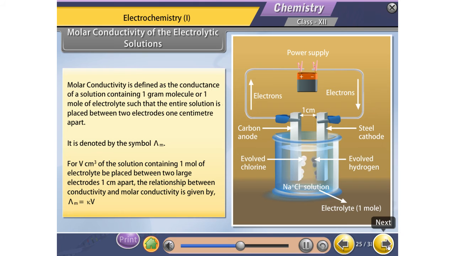Let V centimeter cube of the solution containing 1 mole of electrolyte be placed between two large electrodes 1 centimeter apart. The relationship between conductivity and molar conductivity is given by lambda m = kappa × V, the product of kappa and volume.